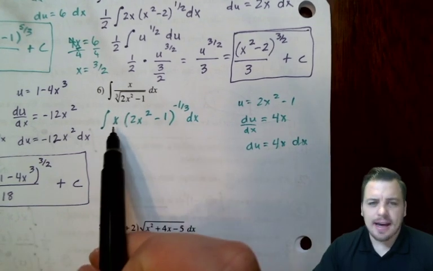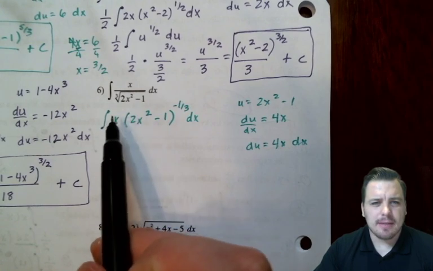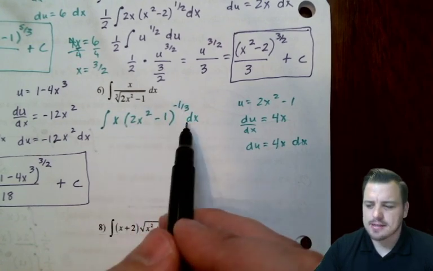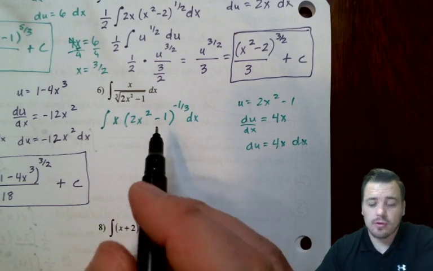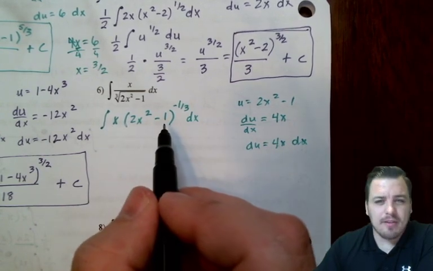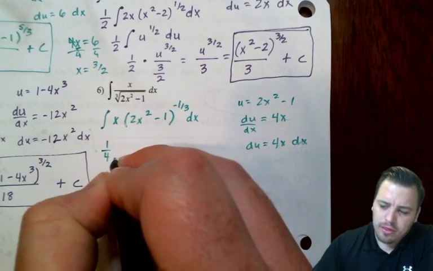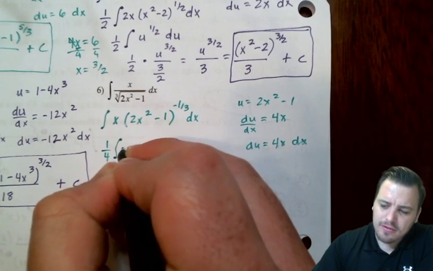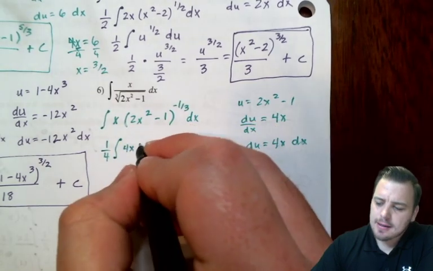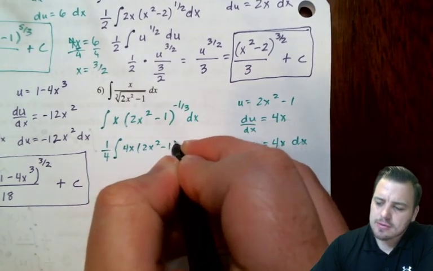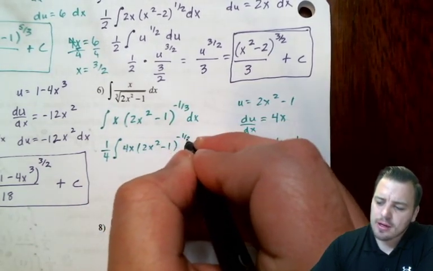So I have an x, so I just need to multiply this side by 4 to make that a 4x dx to get that in terms of u. If I multiply the right side by 4, I'm going to have to multiply the outside by 1/4. So 1/4 antiderivative of 4x times 2x squared minus 1 to the negative 1/3 dx.